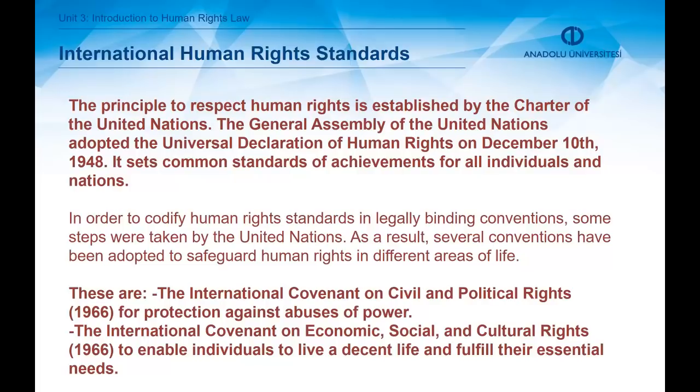The International Covenant on Civil and Political Rights, 1966, as we said before, protects against abuses of power. The International Covenant on Economic, Social and Cultural Rights, 1966, as we said before, enables individuals to live a decent life and fulfill their essential needs. Okay, so we saw what these twin conventions are about.